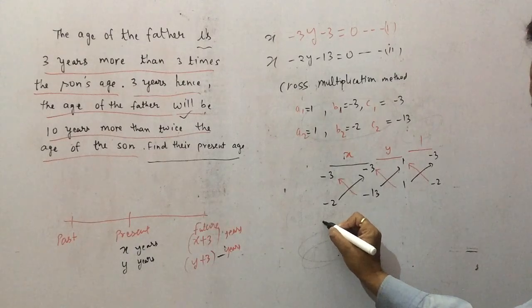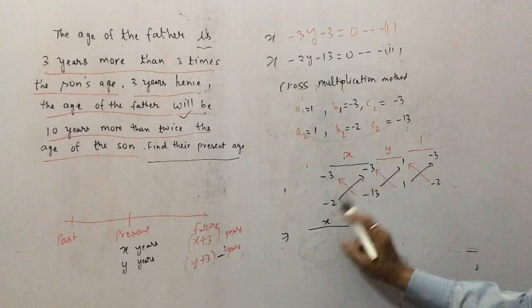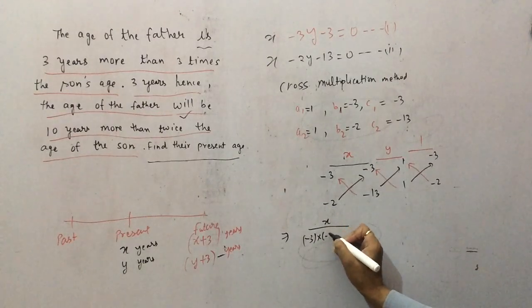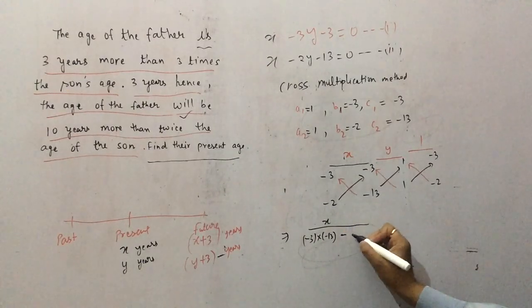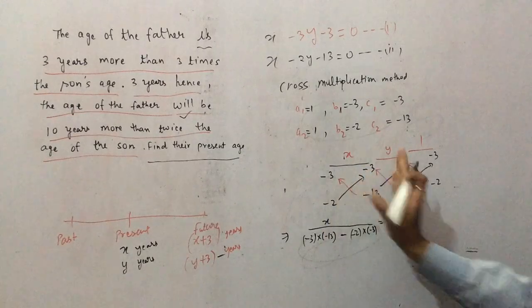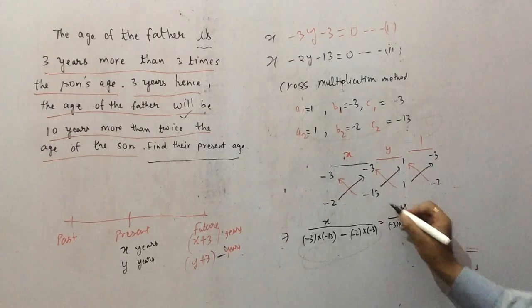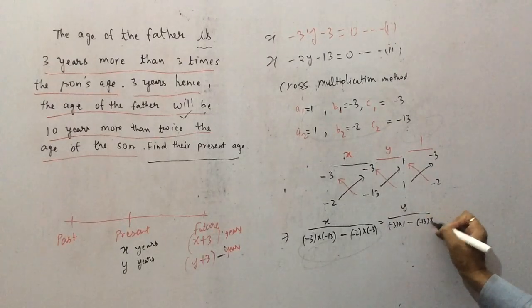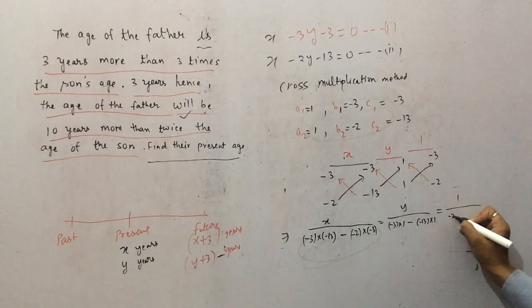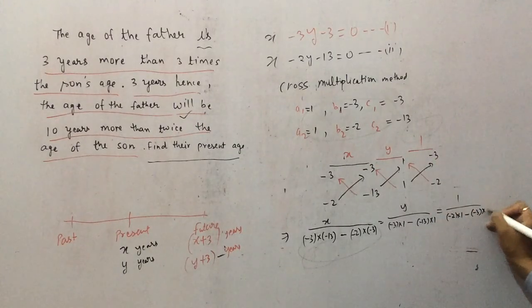Now you have to do x upon left cross minus right cross. Left cross means minus 3 into minus 13, minus 2 into minus 3. Again y upon minus 3 into 1, minus 13 into 1, equal to 1 upon, same left cross, minus 2 into 1, minus 3 into 1.